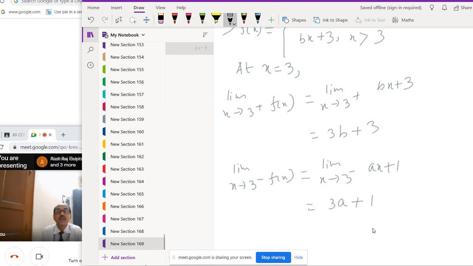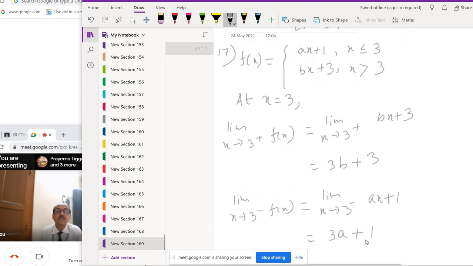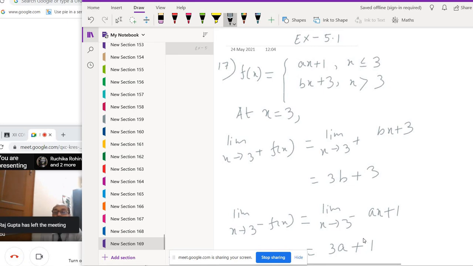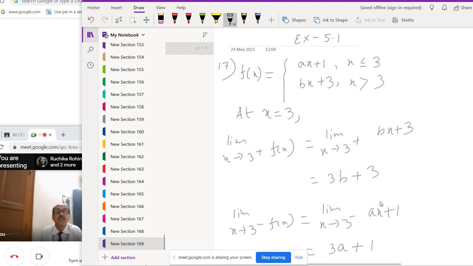And f(3), the direct value at x equal to 3, where the function is ax plus 1, so f(3) equals 3a plus 1.